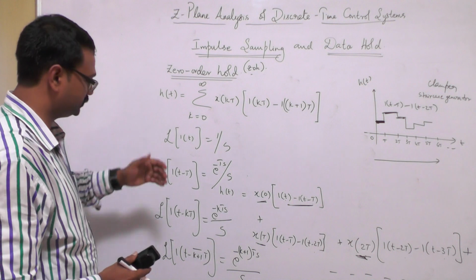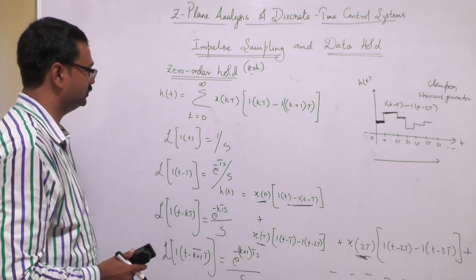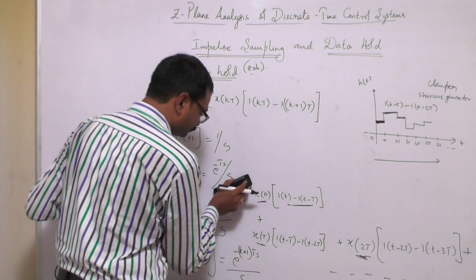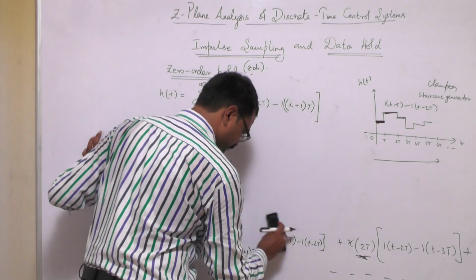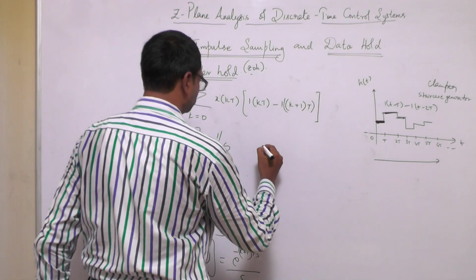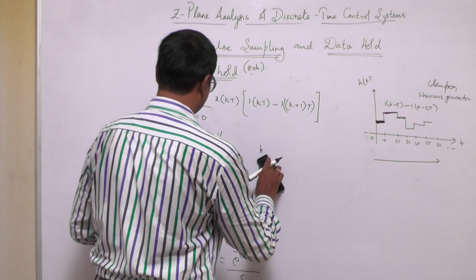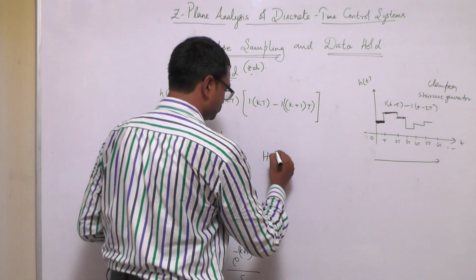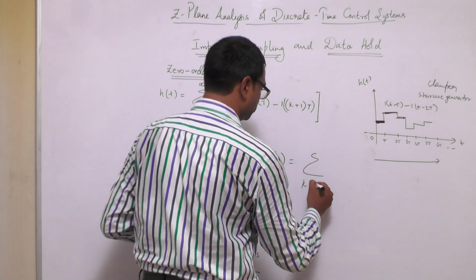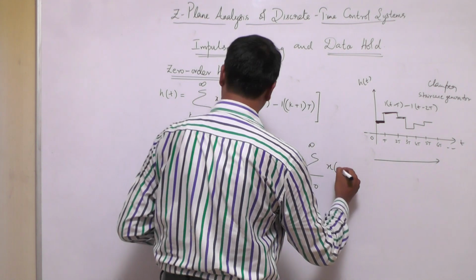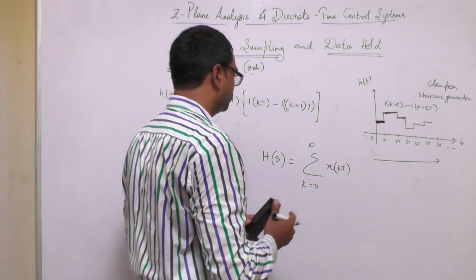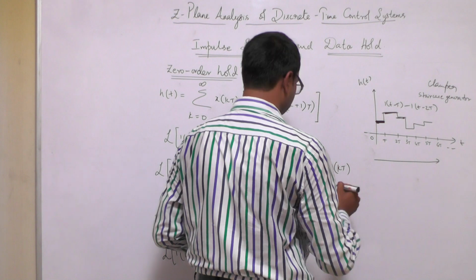Now if I substitute all these values here, x of kt being a constant, we have H of s equal to sigma k is 0 to infinity x of kt, which is a constant, therefore it can be taken out of the Laplace transformation.